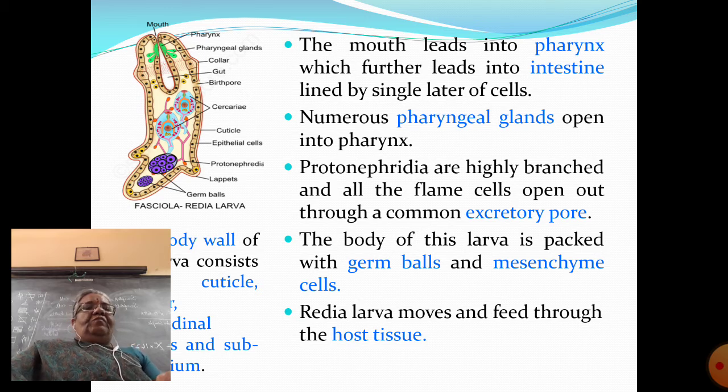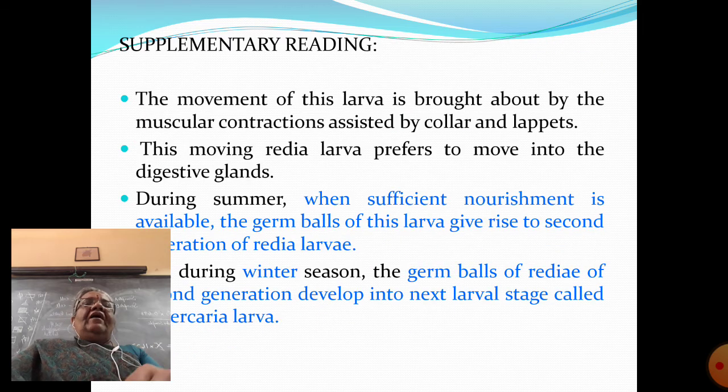Redia larva moves and feeds through the host tissue for its energy requirements. Then again here, to establish the connection between Redia larva and Cercaria larva, I have given supplementary reading, which is not part of your answer, but still you should know, right?